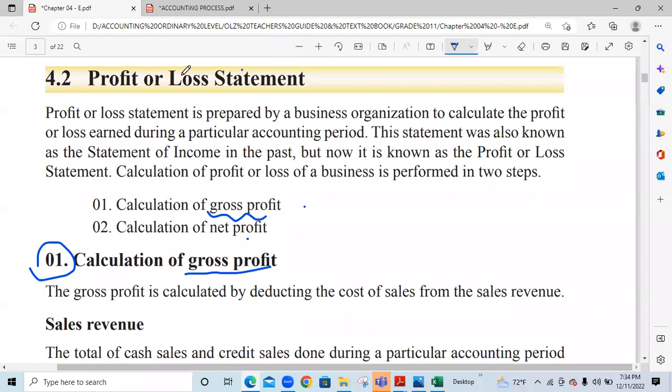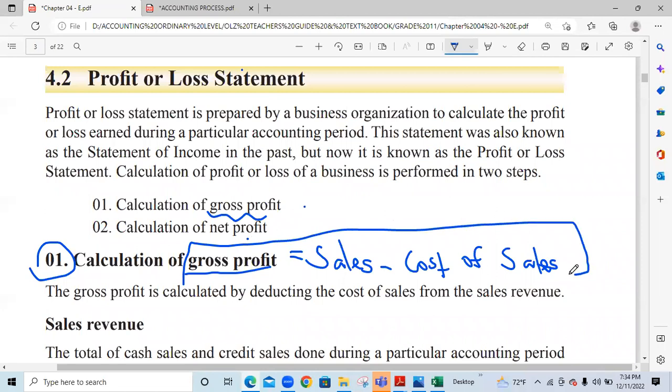What's the equation? Gross profit equals sales minus cost of sales. Please write the equation. Gross profit is equal to sales minus cost of sales.